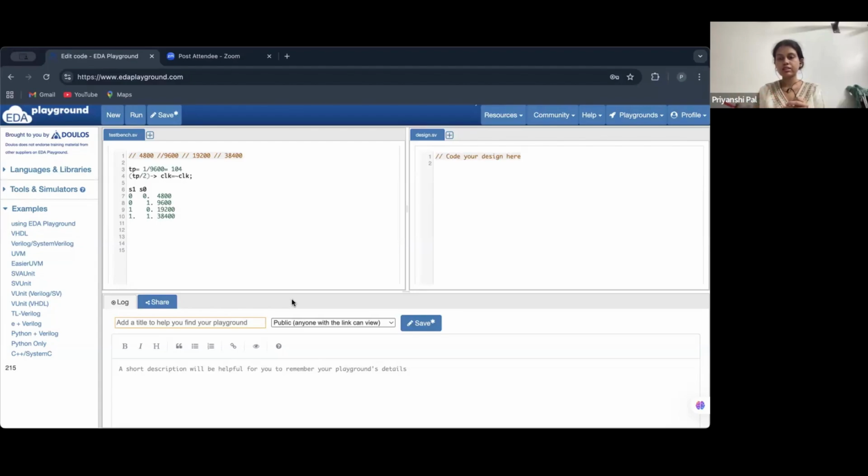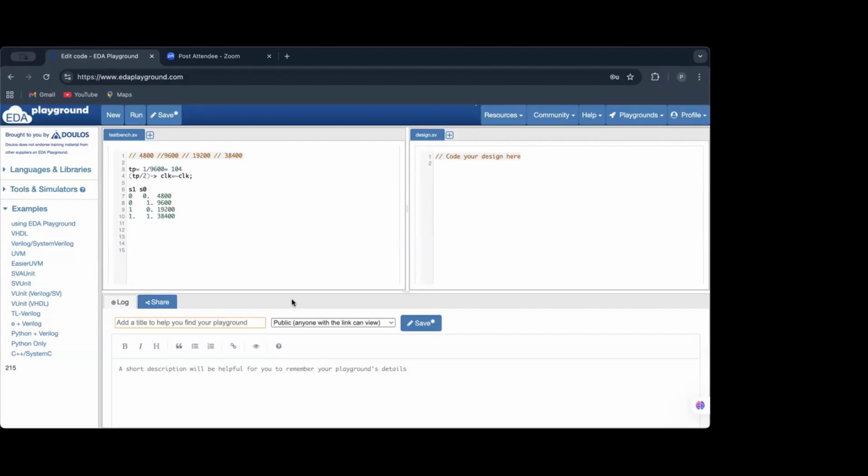If the slave address is valid, then it will send an acknowledgement signal. Then same, it goes like that. It will send the register's address. If it's valid, then it will go ahead. If it's not valid, it will send the invalid signal to the master.